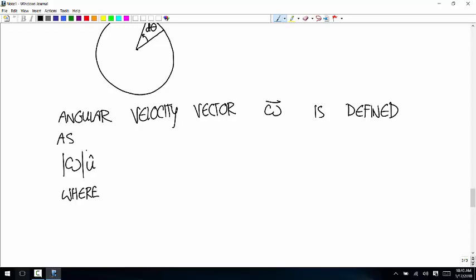Not always u, but it always has the hat. The hat is what makes it a unit vector. Where the absolute value of that scalar omega is the absolute value of d theta dt.